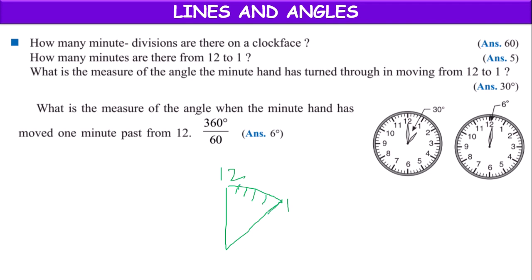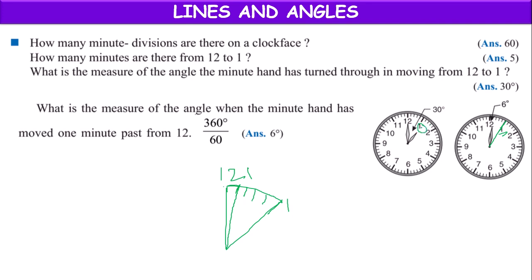Now the question is, what is the angle between 12 and this part? This part means it is 1 minute. Here the number 1 does not mean 1 minute. Actually, on the wall clock, whatever number we see, it is not 1 minute.